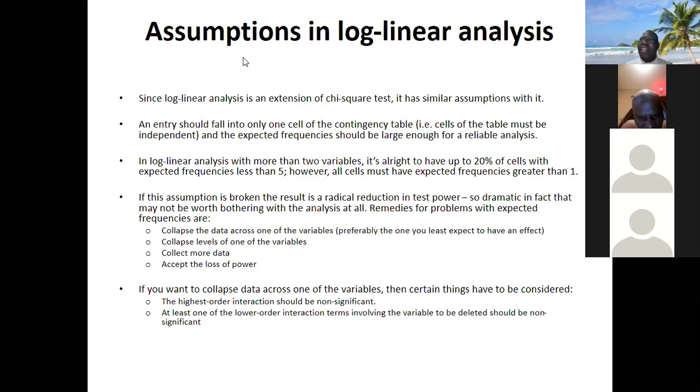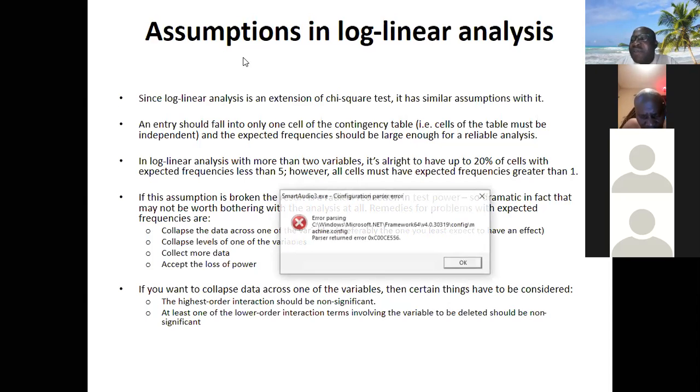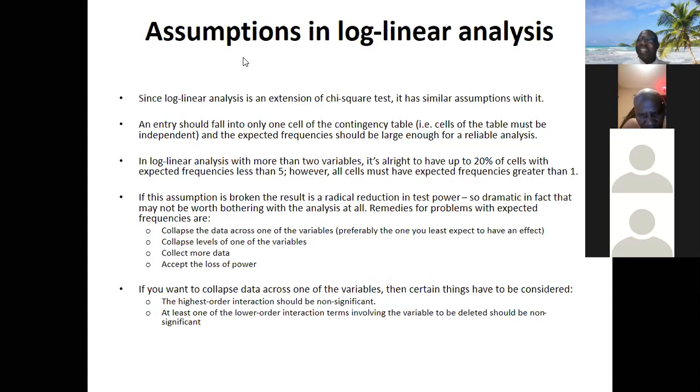So what we are saying is that 80% must have expected value of at least 5. The remaining 20% may have expected value less than 5. But once we have less than 80% with expected value up to 5, or in another way of saying it, more than 20% of the cells with expected value less than 5, it is not valid.